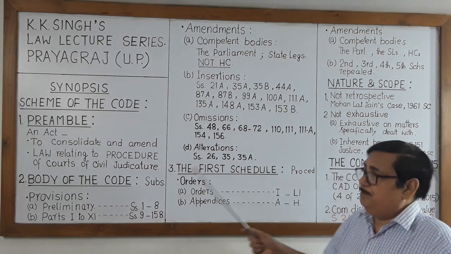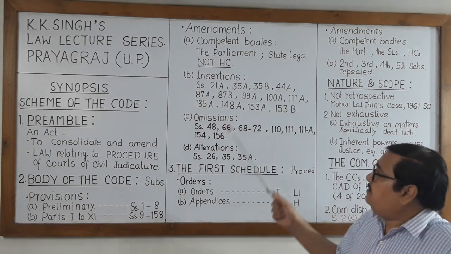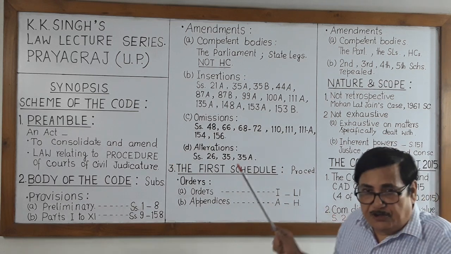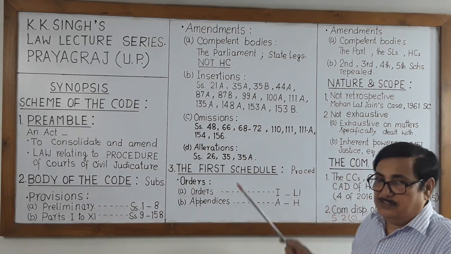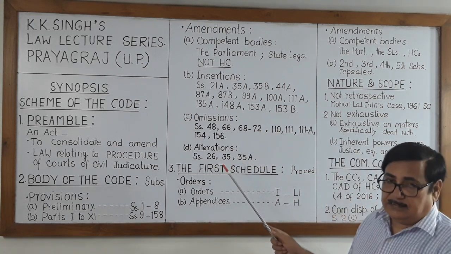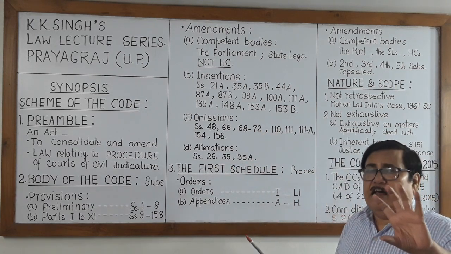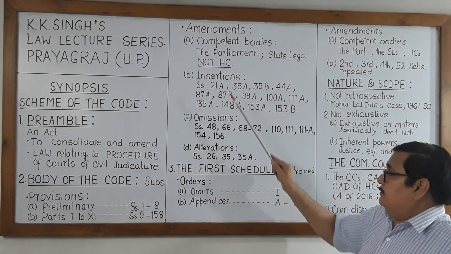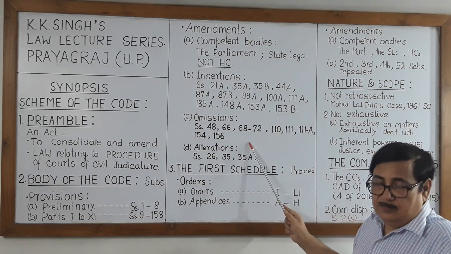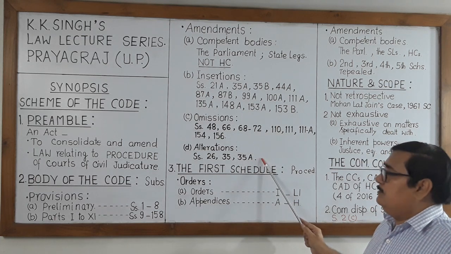In the body of the code, these sections have been inserted. And from the body of the code, these sections have been taken out, omitted. And these 3 sections have been altered.